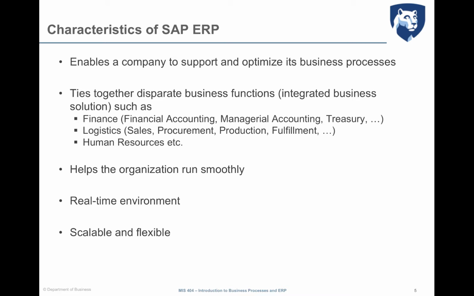So it allows functions like finance, logistics, human resources, and governance of the company to execute different processes in an integrated way, giving real-time information, an automated workflow, and providing different functionalities which are scalable and flexible.